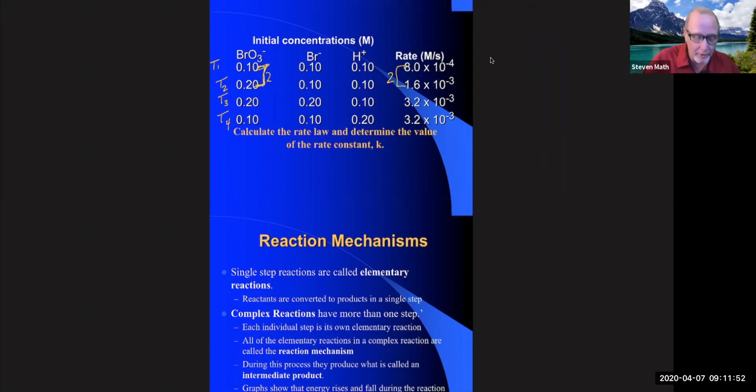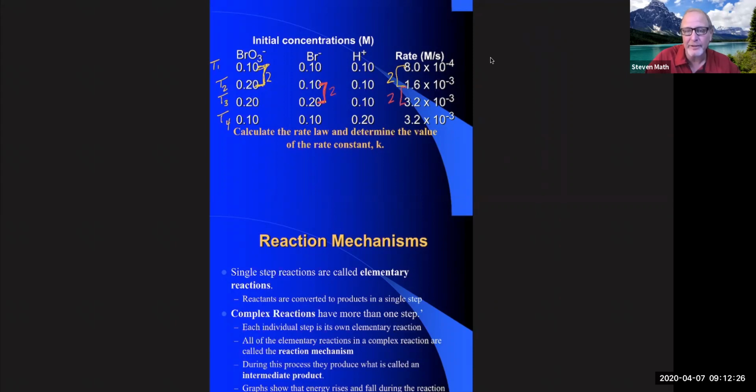I got this. Okay, now let's pick our other 2 trials. For Br minus, it looks like it's going to be trials 2 and 3. And we'll switch to a different color here so we can keep him straight. That goes from 10 to 20, where the BrO3 was held constant at 20 and the H plus was held constant at 10. And now this went from 1.6 to 3.2. Also a double and a double.